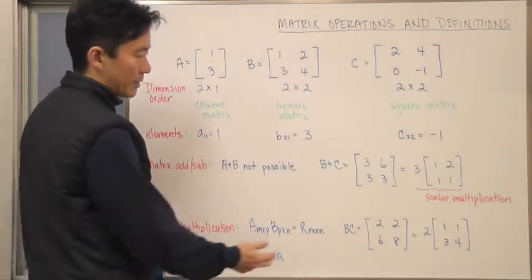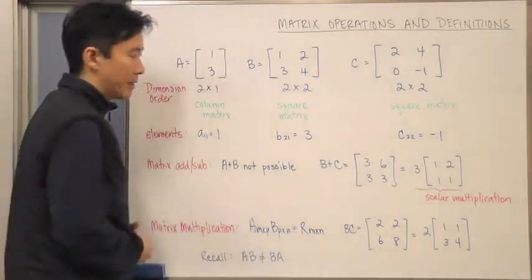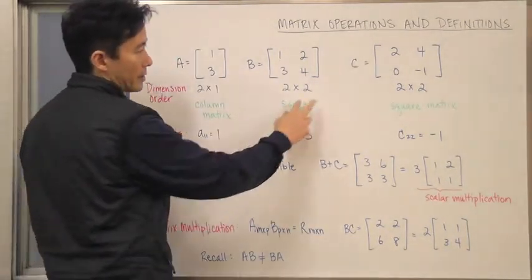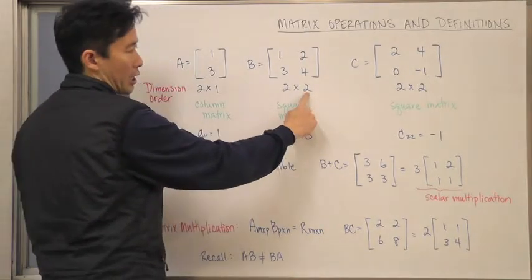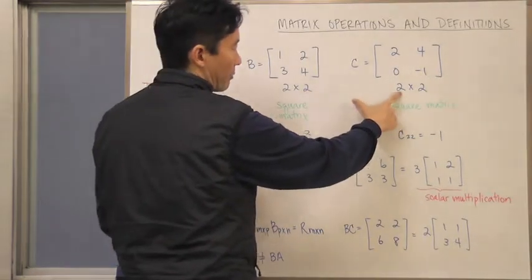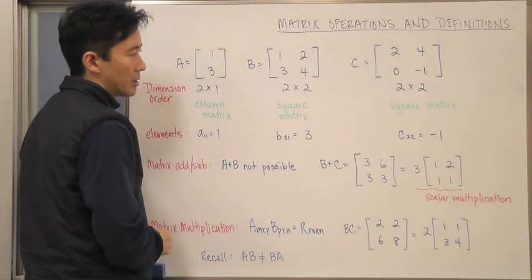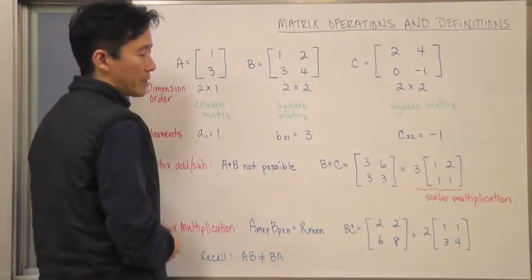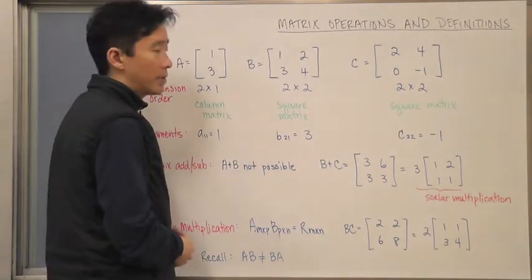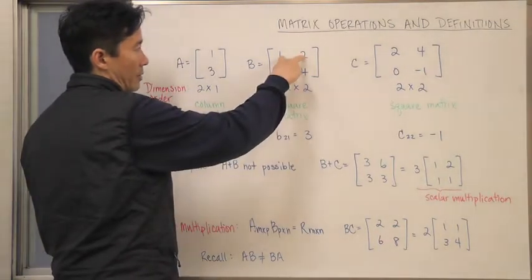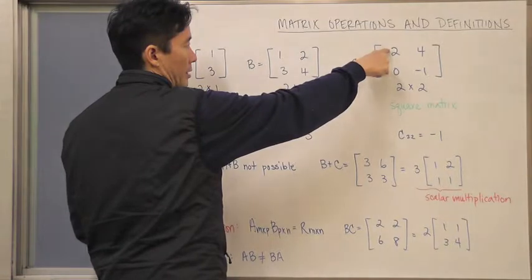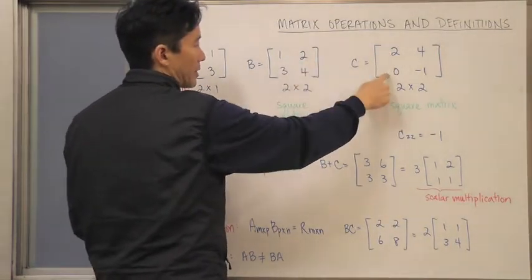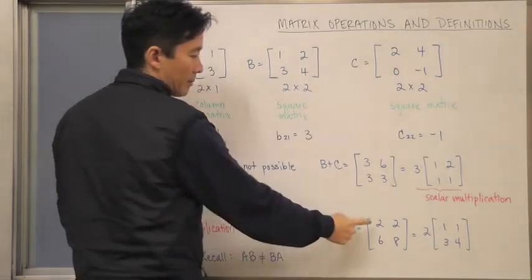If we take a look, for example, at the matrix multiplication BC, which is right here, notice that because this dimension and this dimension are both the same, the resulting dimension is still going to be a 2 by 2 matrix. Now remember that if we multiply 2 matrices, we take the first row, multiply it by the first column: we take 1 times 2 and 2 times 0, add those 2 together and you come up with a value of 2.